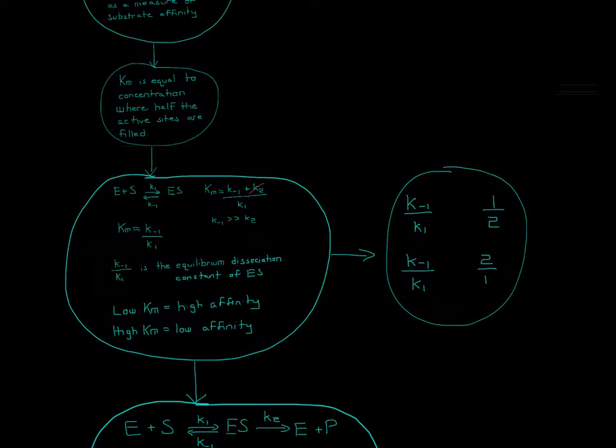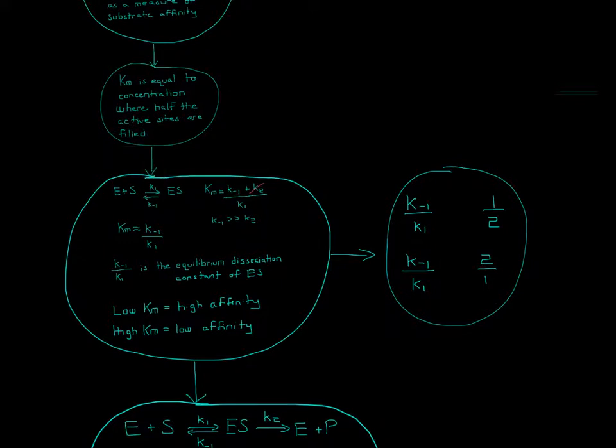If the K minus 1 was larger, it would mean that it's pushing the reaction this way, and that this would be larger. But that's not what we want, right? Because we want the affinity to be higher. We want the enzyme and substrate to stick together more. And so we want K1 to be larger.